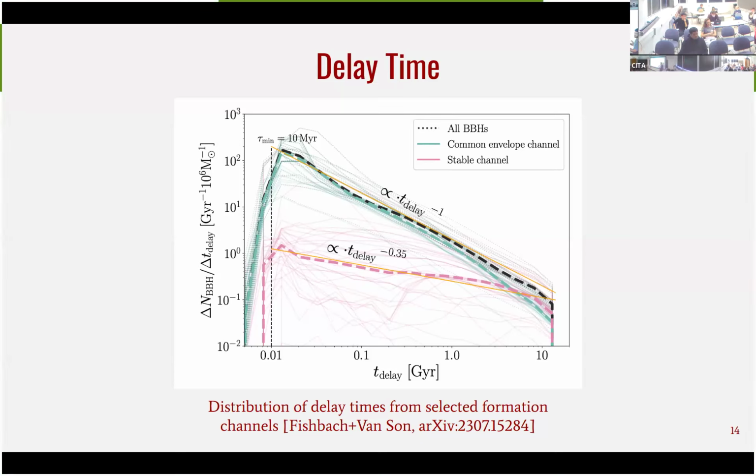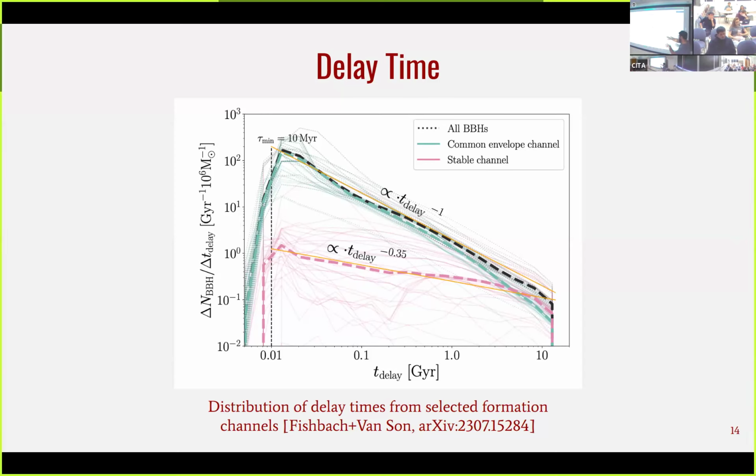Basically, this is an unknown quantity and it needs to be constrained. If we constrain these, we also put constraints on the formation channels. This is only for two formation channels, the common envelope channel and the stable channel, but you can also do this for globular clusters. I know Claire, for instance, has been working on doing something like this for globular clusters. You can do it for any other formation channel.